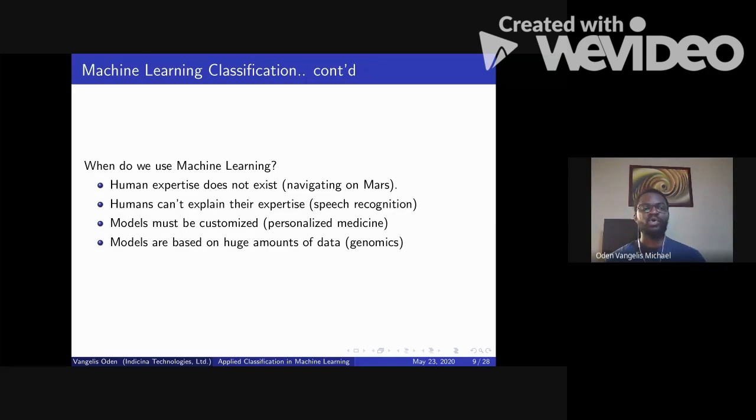Another time when we get to use machine learning is when humans can't explain their expertise. So I was born and I learned how to speak my language from an early age, but I never really went to school to understand how to speak it. I never really was sat down to be taught the syntaxes of how my language evolved and grew. I knew how to speak my language. After some time, I could respond and reply to my mom when she's talking. How was I able to do that?